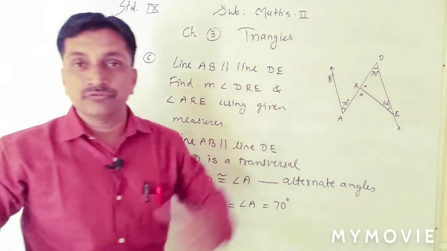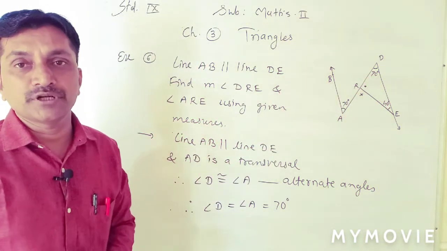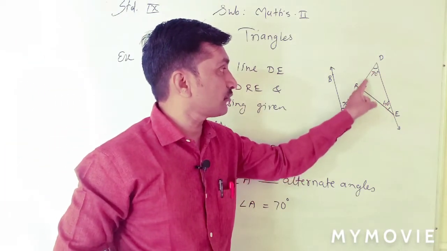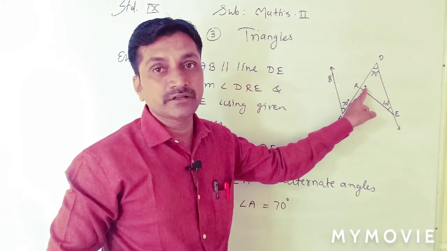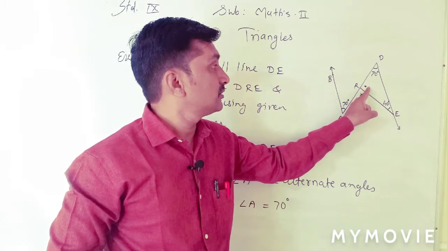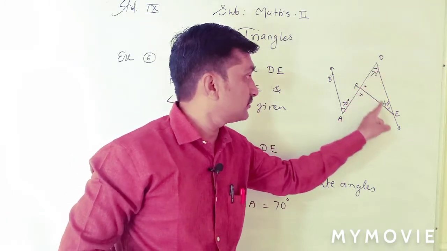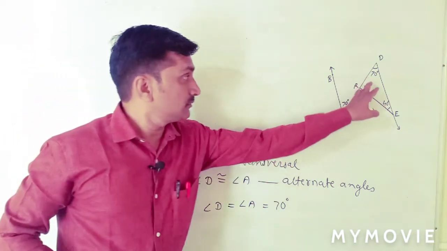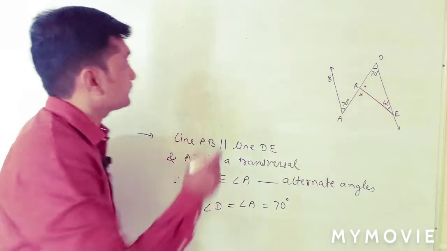Now DRE we can get by the angle sum property of triangle. Angle sum property: the sum of three angles of a triangle is 180 degrees. Therefore by this property we can find DRE. Now after getting angle D, use the angle sum property.